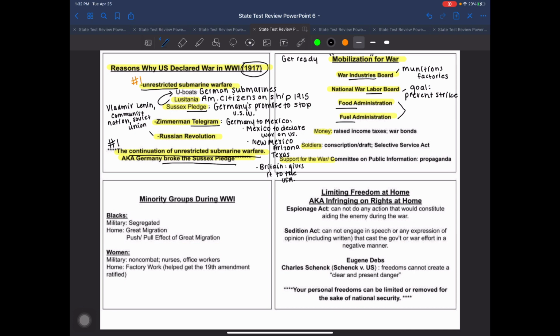So the main thing that these organizations focused on is something called rationing, limiting how many pounds of sugar you can have at home, how much meat you can purchase. And so during this time of war, you're not going to be able to go to the store and buy all of the products that you want. You're going to be limited. It's going to be rationed out to make sure that we have enough for us and our soldiers.